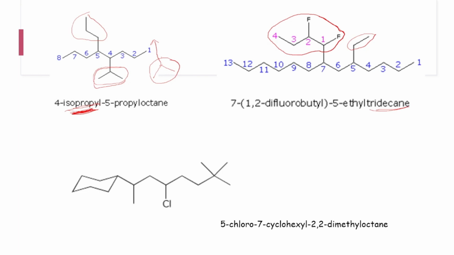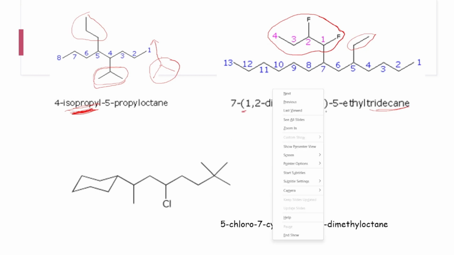So if I have a substitution like this, I name this side chain according to the IUPAC naming system too. So I say that at carbon number 7 I have a side chain that can have a separate name, but this chain name I put between two brackets, as you can see.